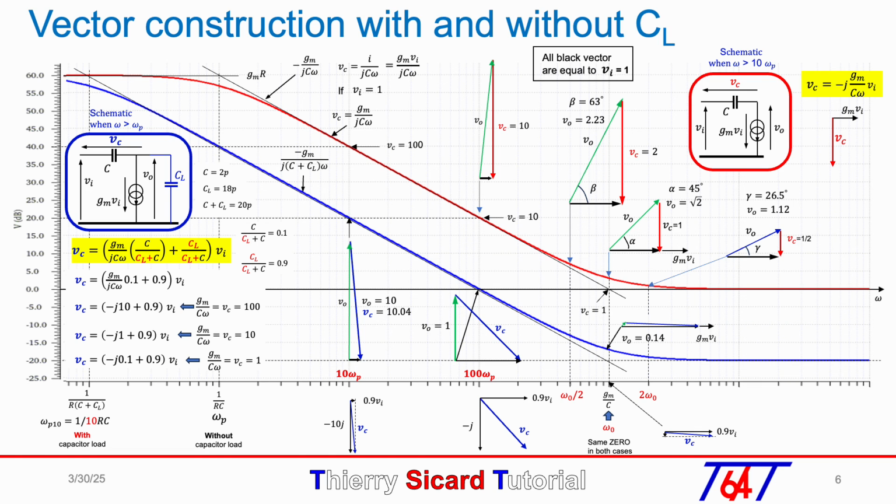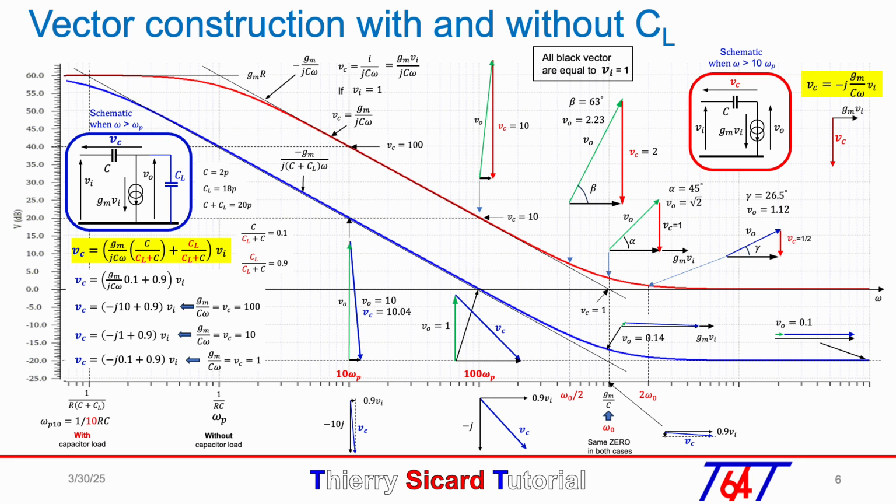With this vector information Vc, we can plot the vector construction to obtain a Vout equal to 0.14 and a phase of 45 degrees. The last vector construction concerns high angular frequencies, when omega tends to infinity. The gain Vout over Vin tends to 0.1 and the phase to 0.